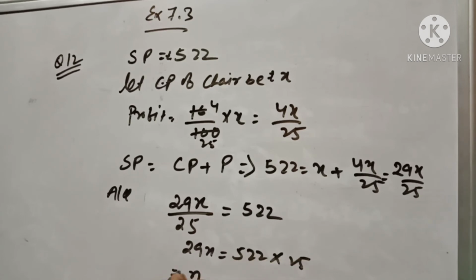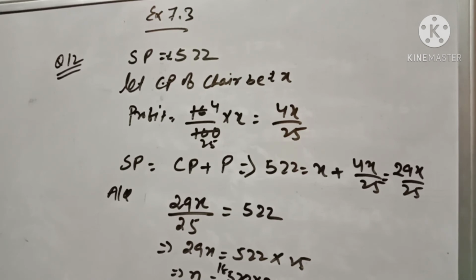This implies that x equal to 522 into 25 by 29. It will cut by the 18 table, 18 into 25, it will come rupees 450. This is our required answer.